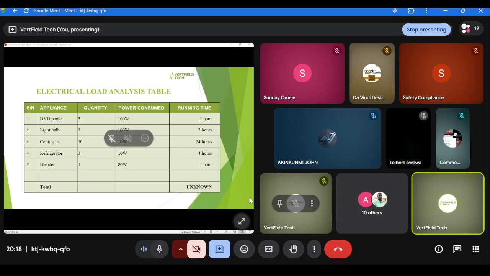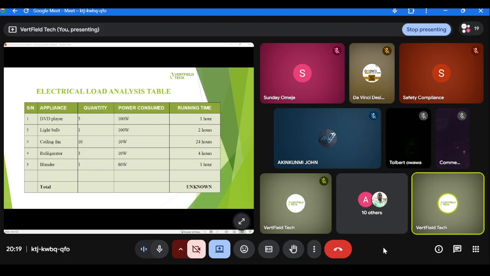So in proceeding, we have a complete table right now. In this complete table, a very simple task we are to carry out: what is the electrical need or the energy need of this facility?